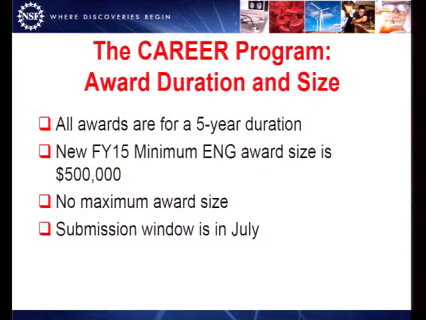But it is important that, again, these budgets are calibrated to within a narrow domain so that the review process is better enabled. So theoretically, there is no maximum award size, but this is not in practice. And the submission window is in July.